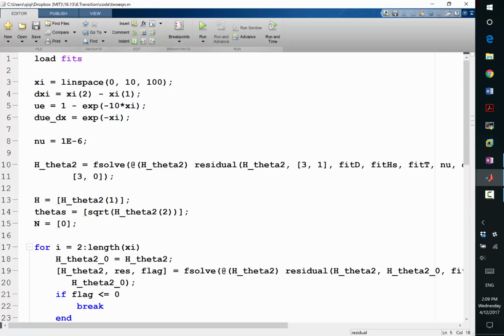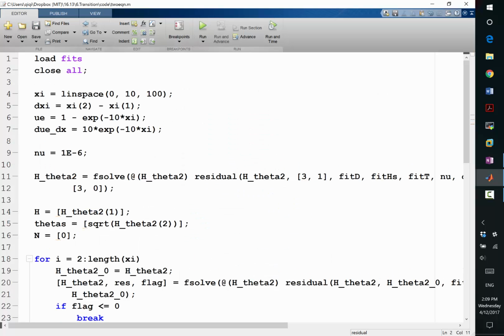So I'm going to take a 10 minus c to make the curve go up faster. So it has a Blasius-like boundary layer for most of the profile. So the derivative, I think, is 10 times this, right? Let's actually close all.